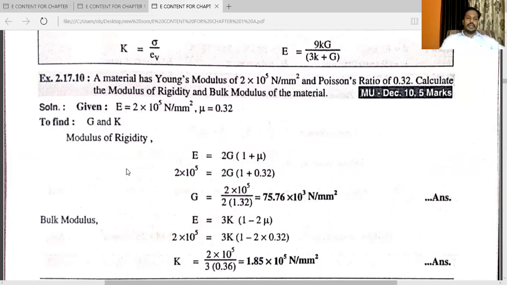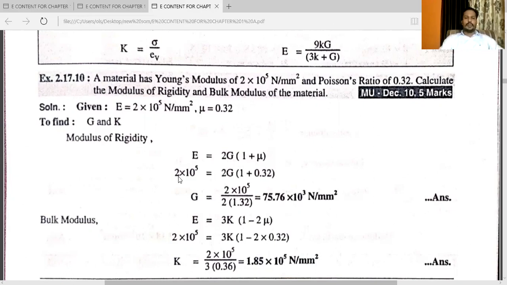So we have the formula for modulus of rigidity, and we know the relation between modulus of rigidity and Young's modulus: E is equal to 2G in bracket 1 plus mu. Here we have the value of E, Young's modulus, and the value of mu.